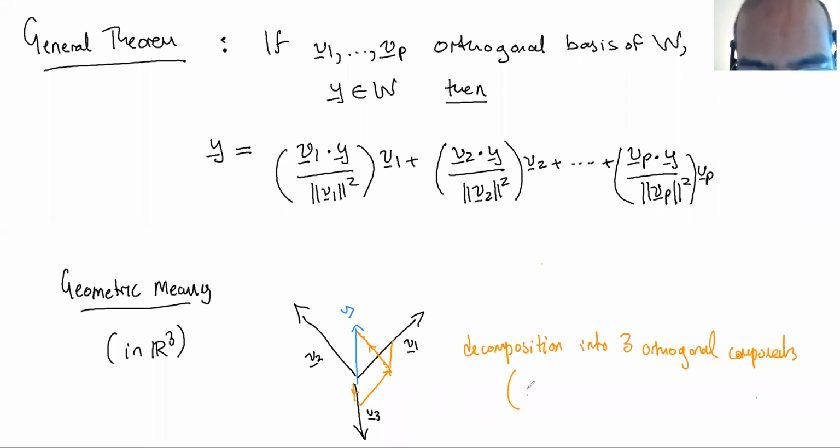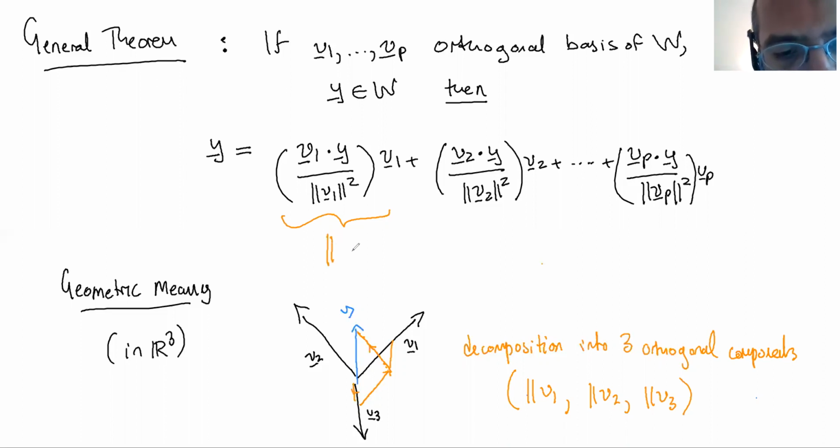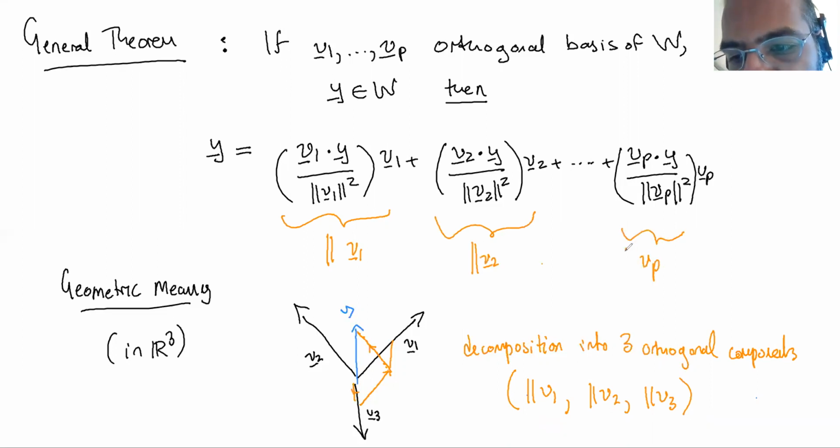And what are the components? So one of them is parallel to U1, one of them is parallel to U2, and one of them is parallel to U3, right? That's what's going on here, because this first component is parallel to U1. It's some scalar times U1. This is parallel to U2. And this is parallel to, okay, UP.